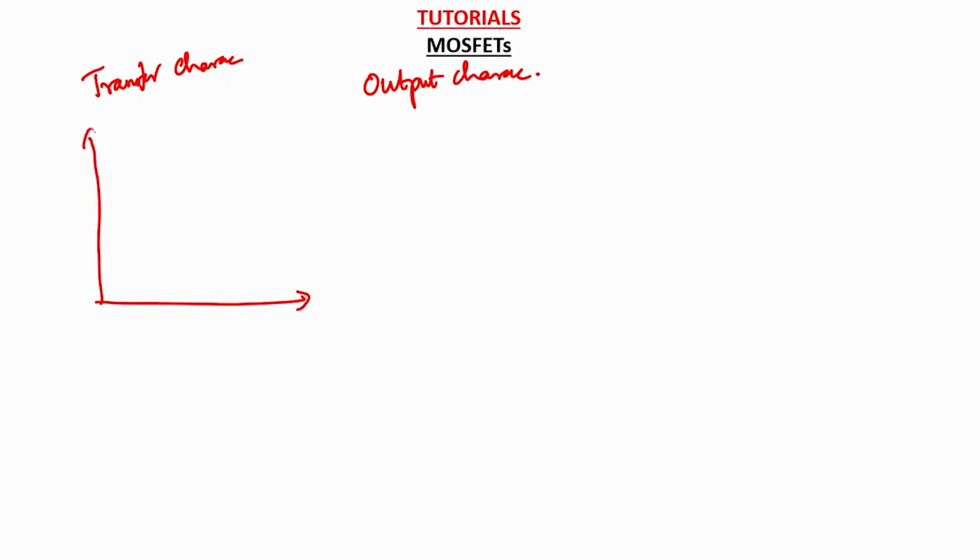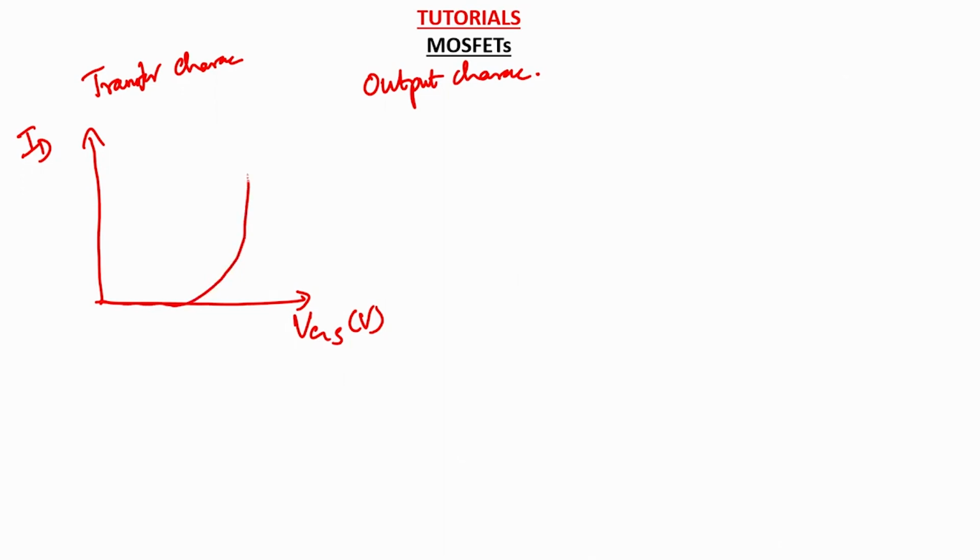So before starting to exactly solve this problem, let us refresh some concepts with regards to MOSFET characteristics. You might know that there is something called transfer characteristics, and there is something called output characteristics for the MOSFET. The transfer characteristics looks at the variation in the drain current with respect to the gate source voltage for different VDS values, which is nothing but the drain to source voltage.